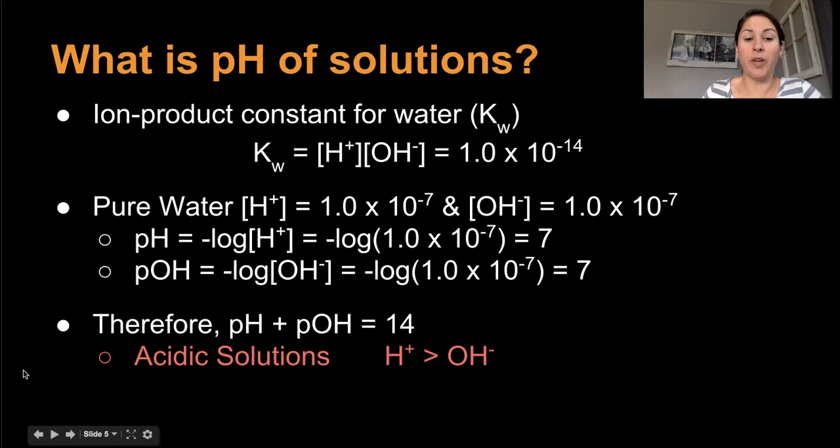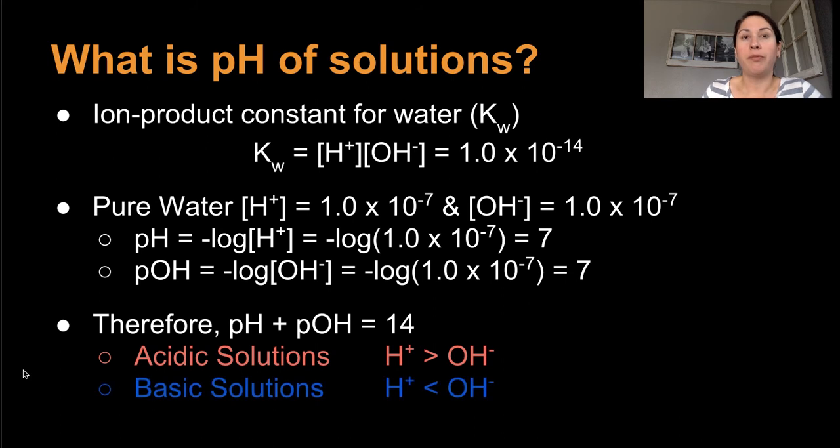which means we can have acidic solutions that we define as having a hydrogen ion concentration that's greater than hydroxide ion concentration. Bases, or basic solutions, are going to have less hydrogen ion concentration and a lot greater hydroxide ion concentration.